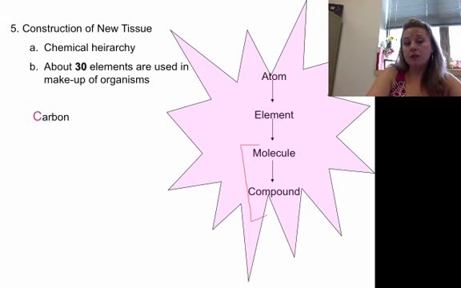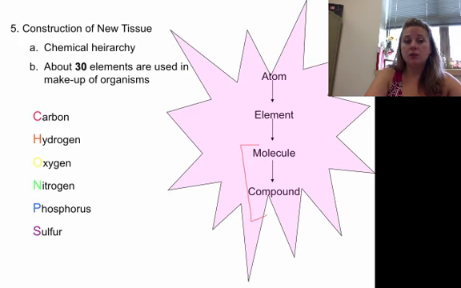There are about 30 elements used in the makeup of all organisms, but there are 6 biggies you need to know. These are the 6 main elements of living things. Carbon is the big one; we are carbon-based. Hydrogen, oxygen, nitrogen, phosphorus, and sulfur. I like to think of them as CHNOPS.